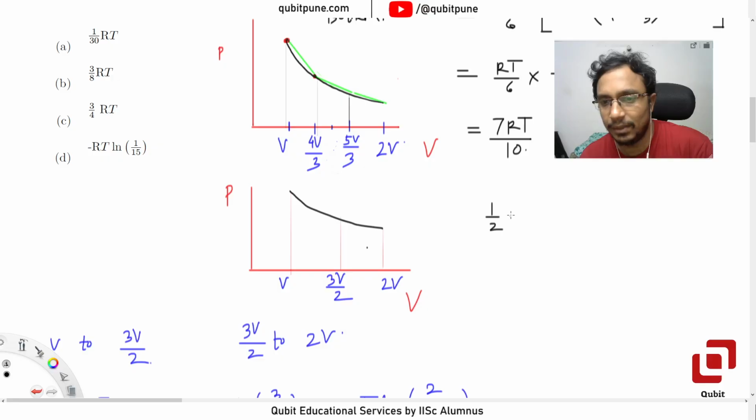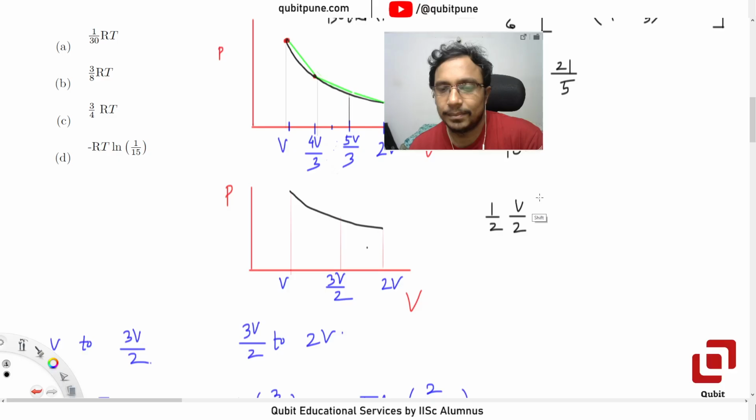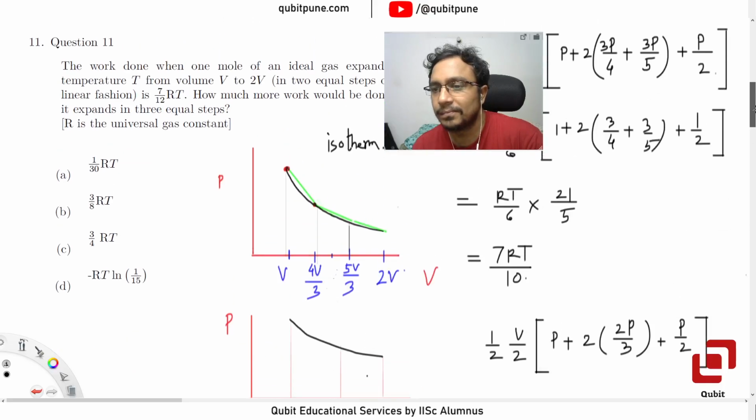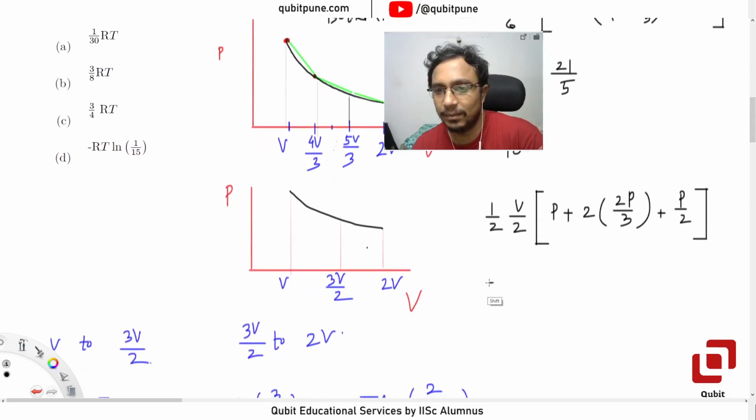Height would be v/2, and the sum of parallel sides: first p, then 2 times 2p/3, then finally p/2. Looks all right to me.